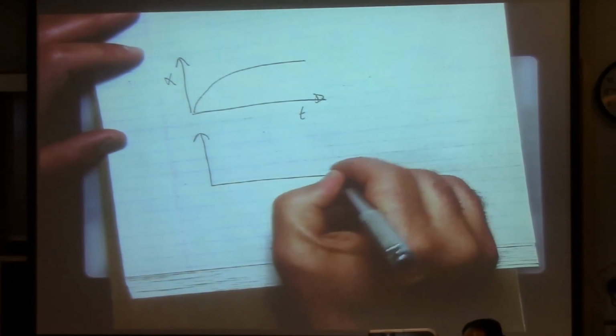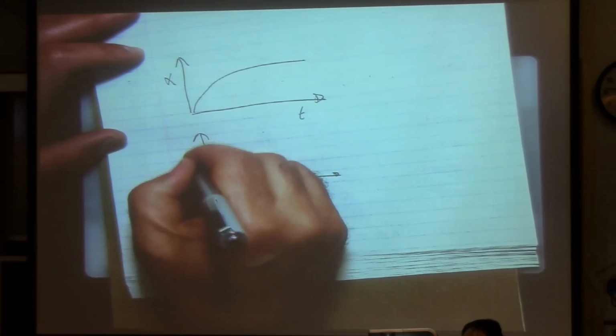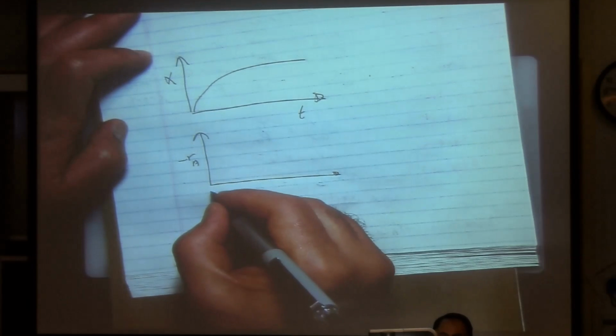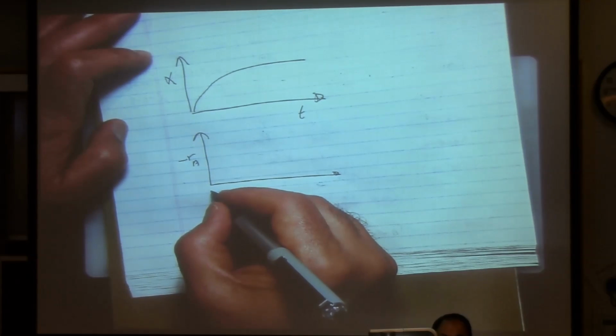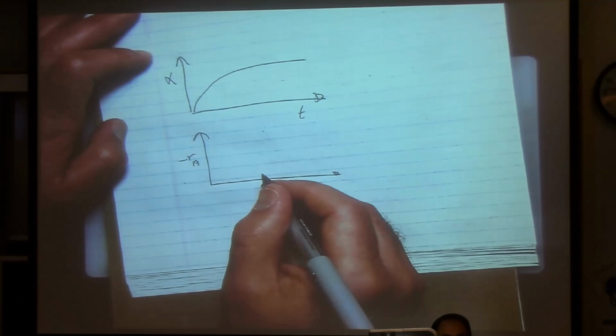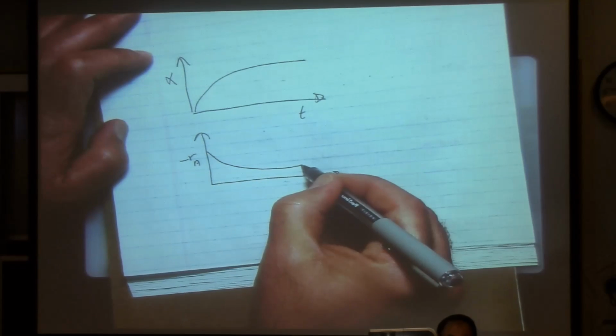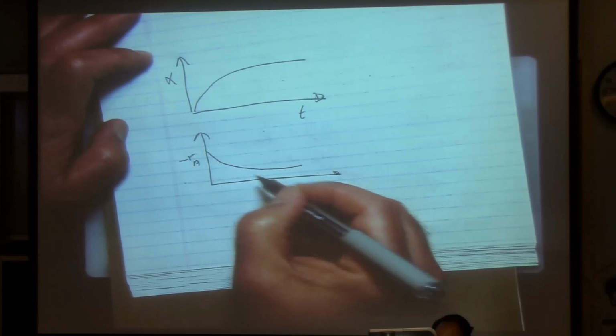And if you are talking about how the rate changes, at time 0 when the reaction starts, you have the highest rate, and then as the reaction proceeds, the rate drops. So basically you have it like this for the rate.